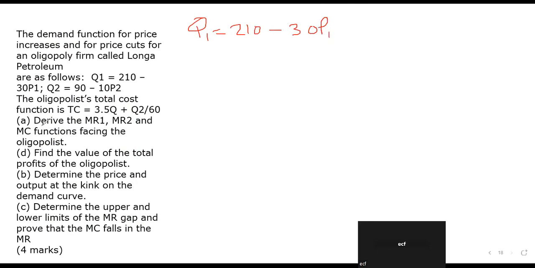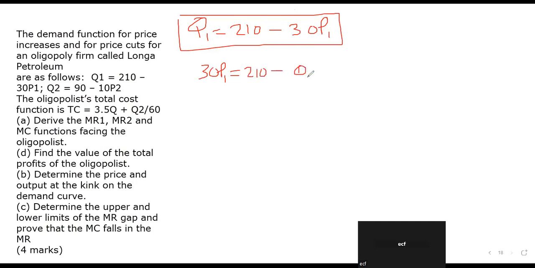So part 1, derive the marginal revenue function. Derive also our inverse demand. So firstly, this is a direct demand function. We can make P subject and it becomes our inverse demand. So 30 P1 will be this side, is equal to 210 minus Q1.